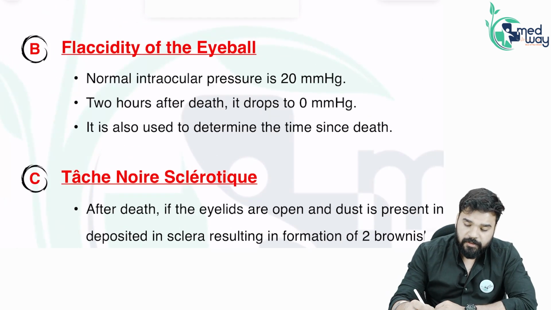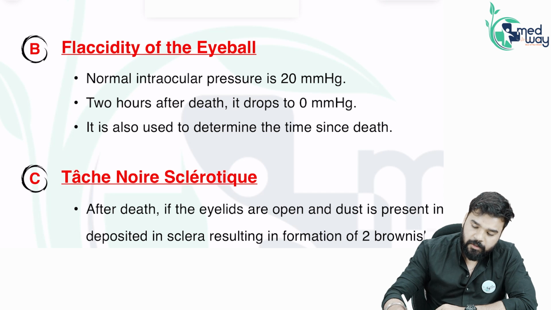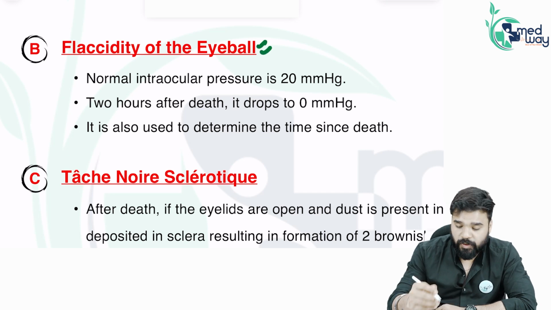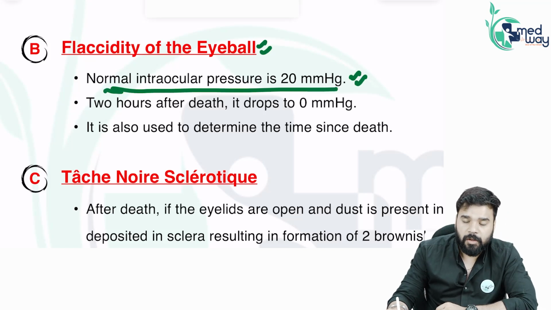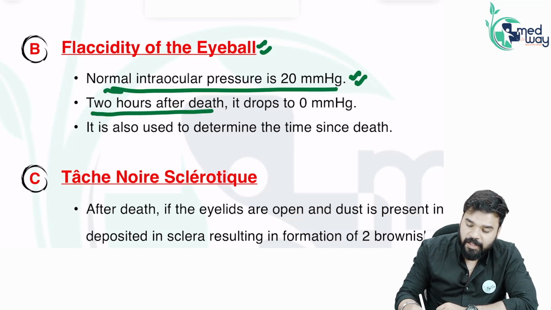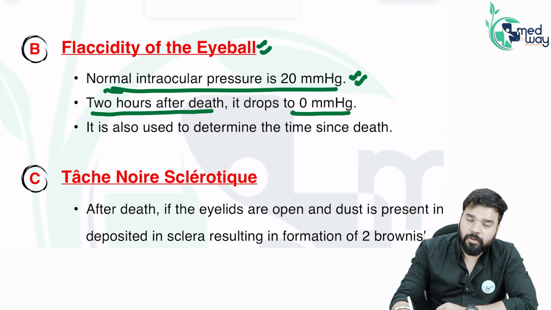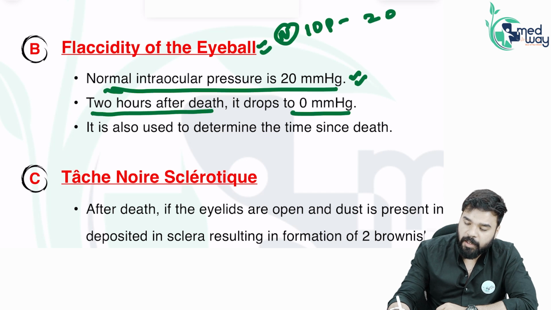The second thing you will see is flaccidity of the eyeball. So, what is the normal intraocular pressure? Normal intraocular pressure is 20 mmHg. Just 2 hours after death, it will drop to 0 mmHg.